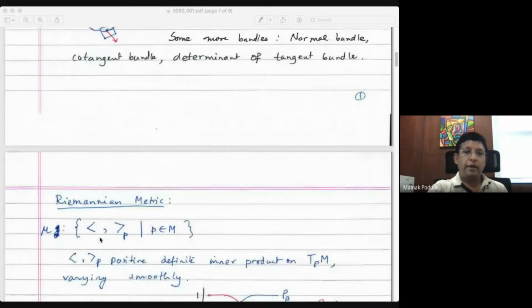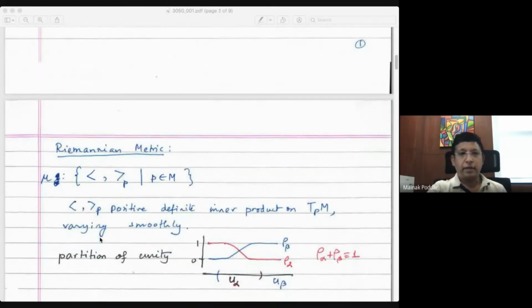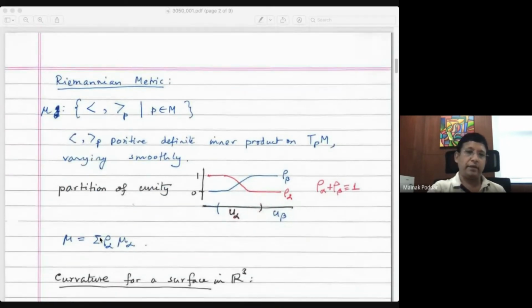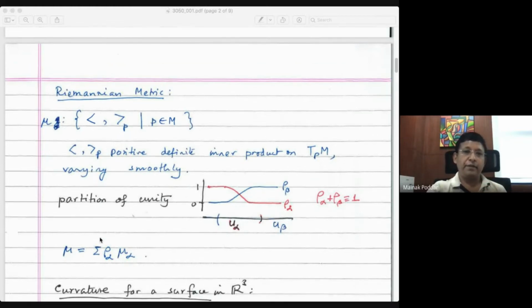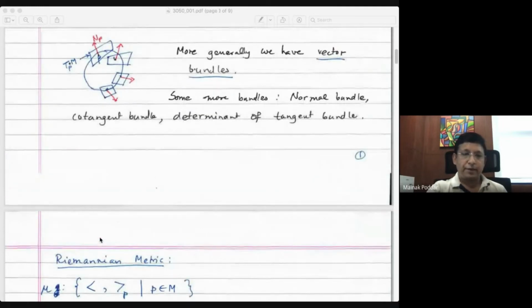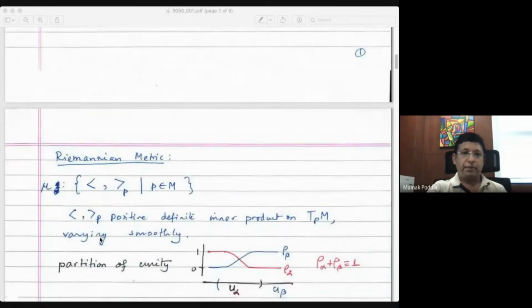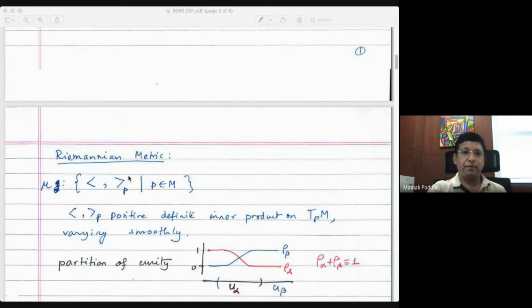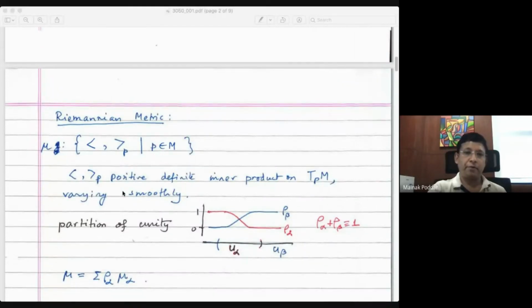Okay. Now, in order to do calculations, we need a concept of distance and angle, and in this setup you can do this by having an inner product on the space.